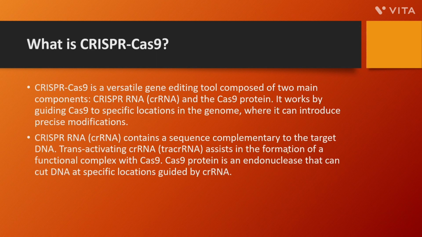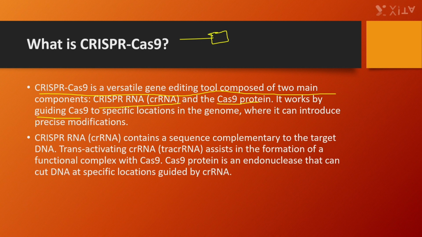Now, as I have told you, CRISPR is a very versatile gene editing tool composed of two main components, that is CRISPR RNA and Cas9 protein. So it has a guiding strand, that is the RNA strand, plus Cas9 protein.